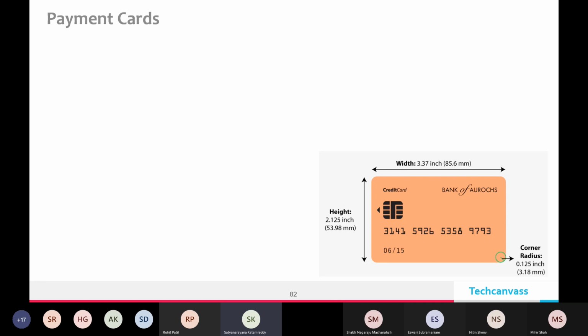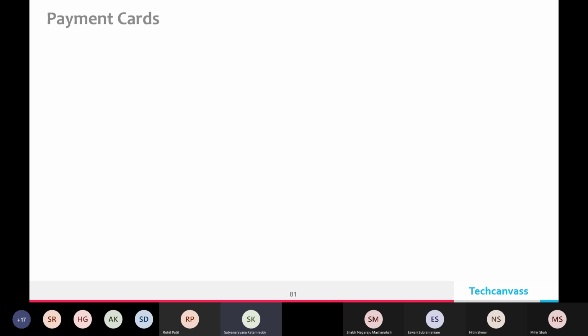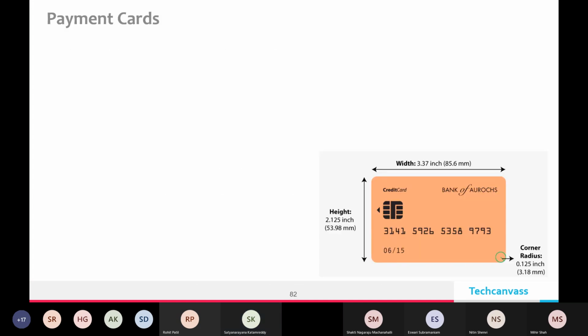Suppose SBI is going to issue a card, does SBI have its own specific specifications, or is it defined commonly?